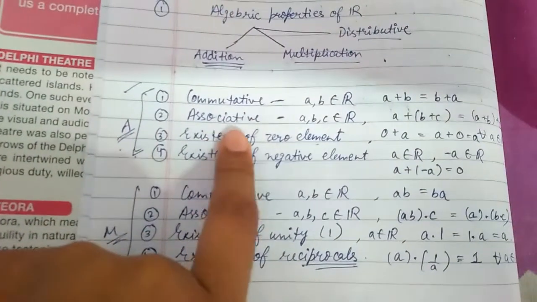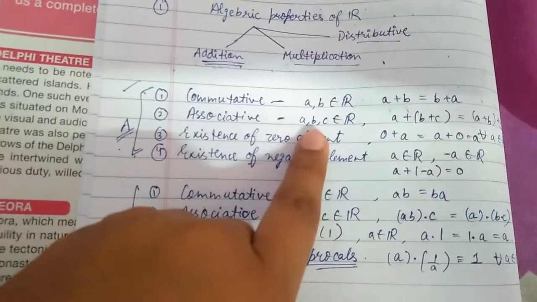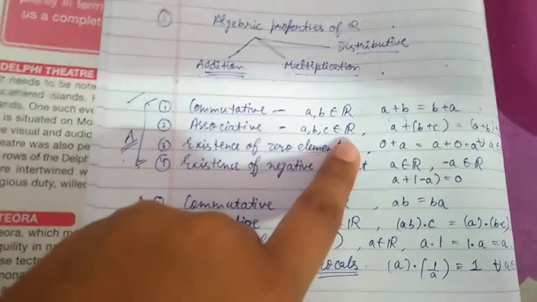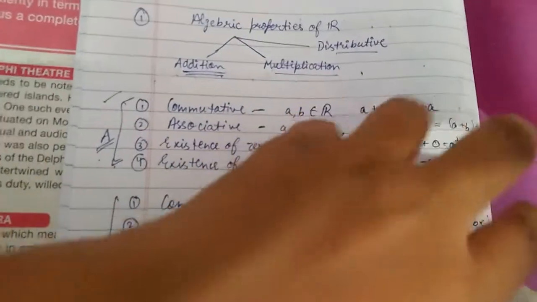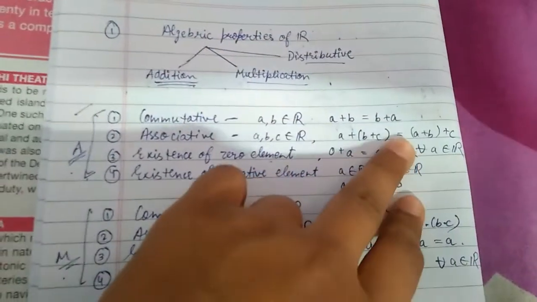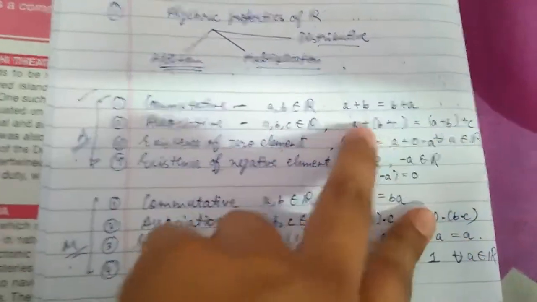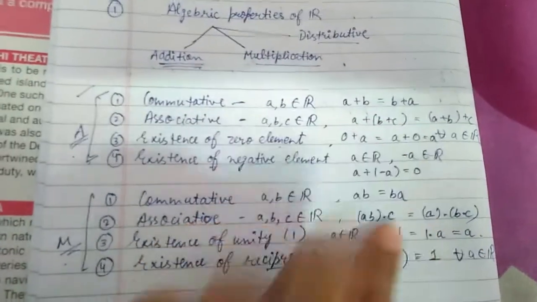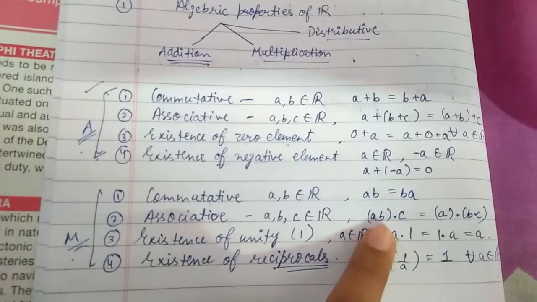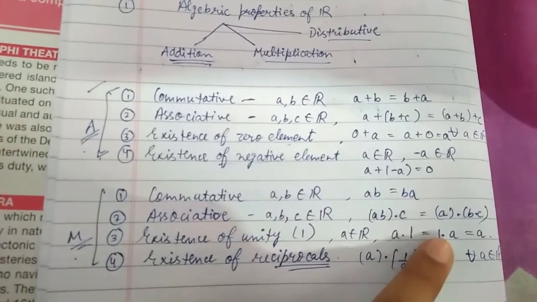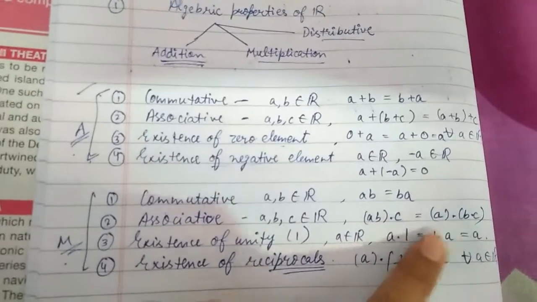Now the associative property says that if a, b and c are real numbers, then a plus b plus c is equal to a plus b, together, plus c. Both things will be equal. Similarly, in multiplication, the associative property states that (ab) dot c is equal to a dot (bc).